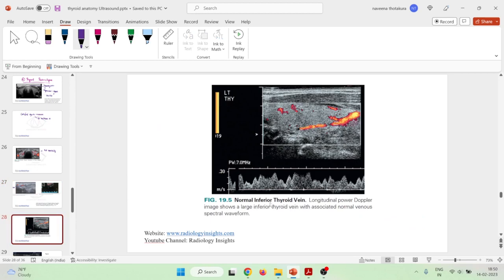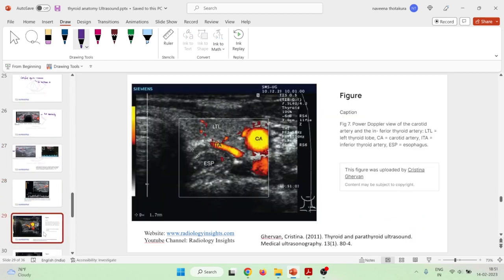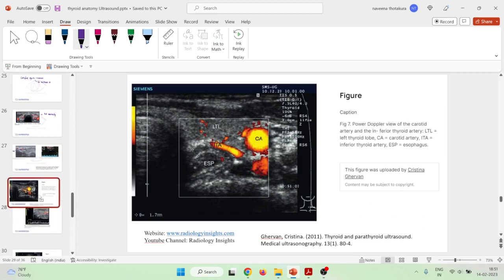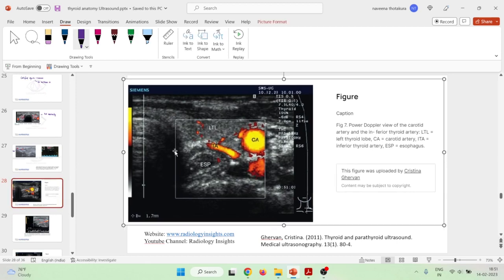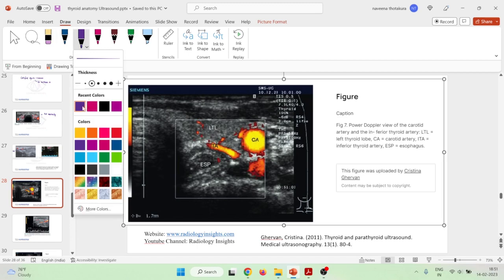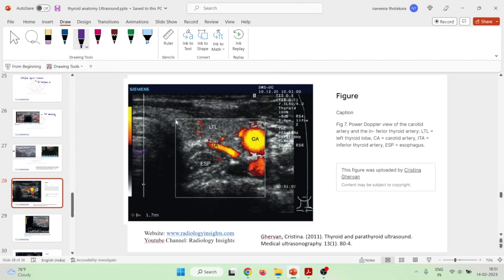Then we have the inferior thyroid artery. This is also a picture. You can see the trachea here, this is the thyroid gland, and this is the carotid artery.